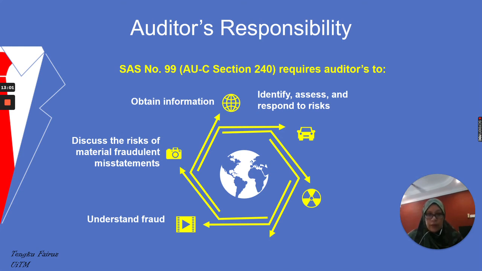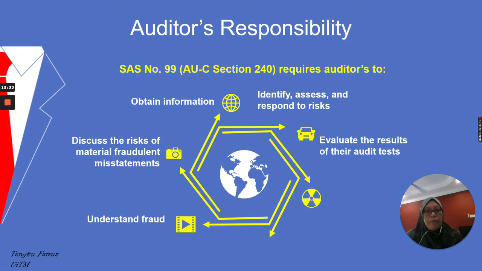Okay, so the evidence will be used so that they can identify, assess and also respond to those risks. Okay, then evaluate the result of their audit test. Okay, so they need to evaluate whether identified misstatements indicate the presence of fraud, okay, and determine the impact on the financial statement and also the audit.